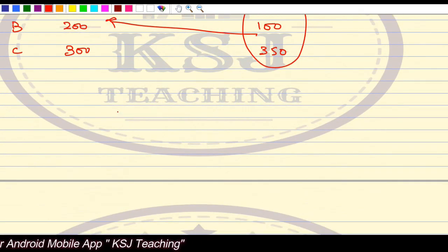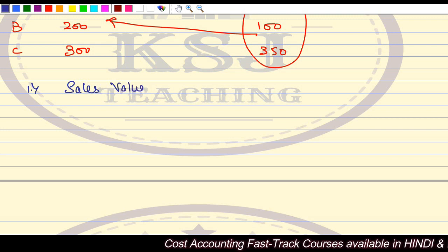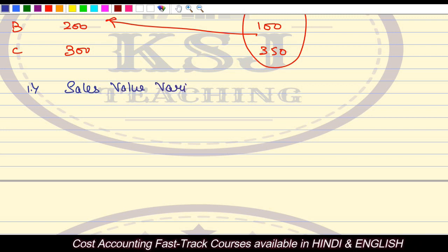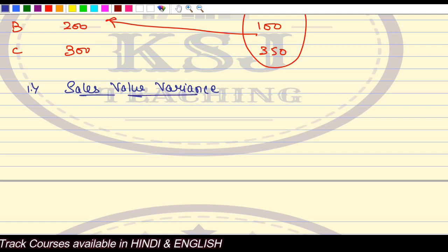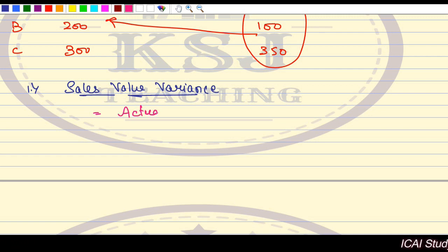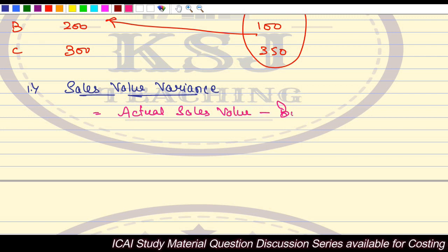Let's quickly discuss what all variances do we have. The first one is the sales value variance, right? The sales value variance is very simple. It is the actual sales value minus the budgeted sales value.